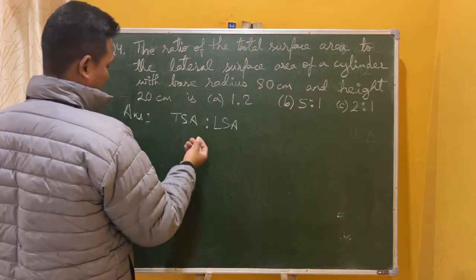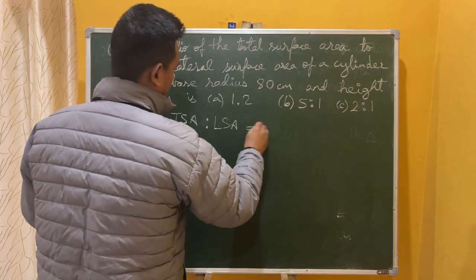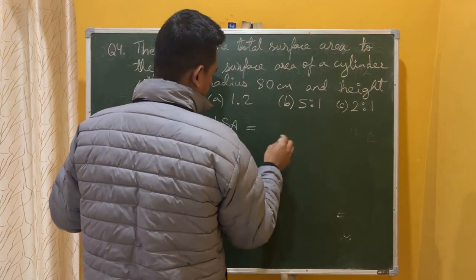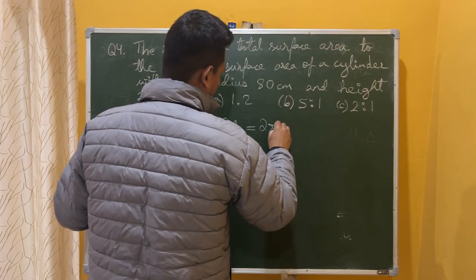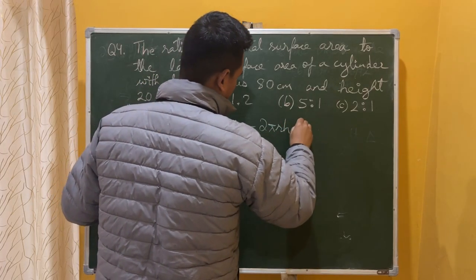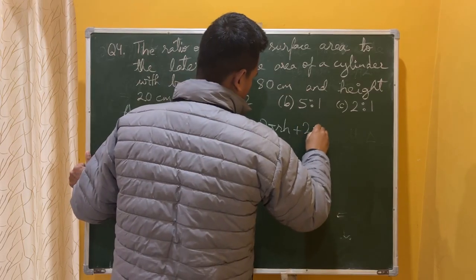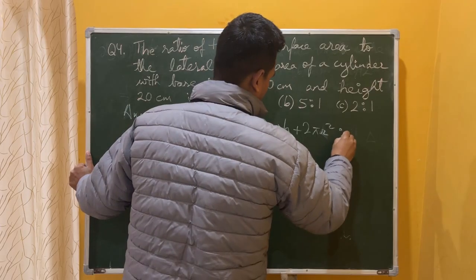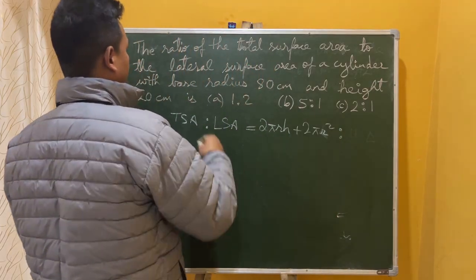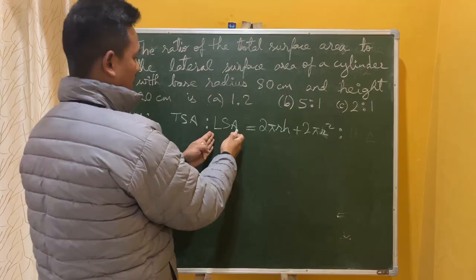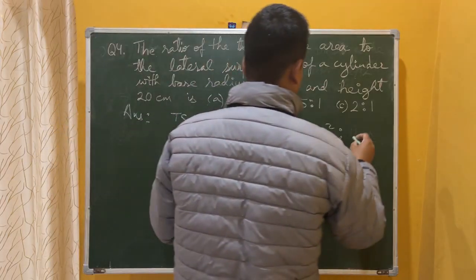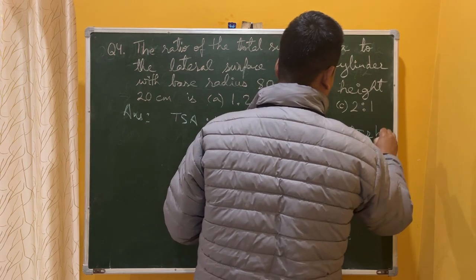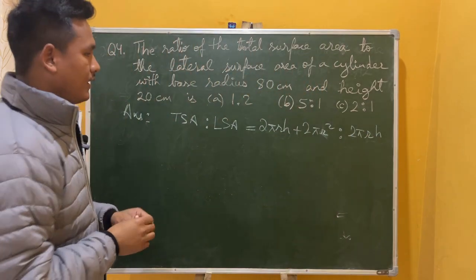Okay, so total surface area formula is 2 pi r times h plus r, and curved surface area formula is 2 pi r h, right?